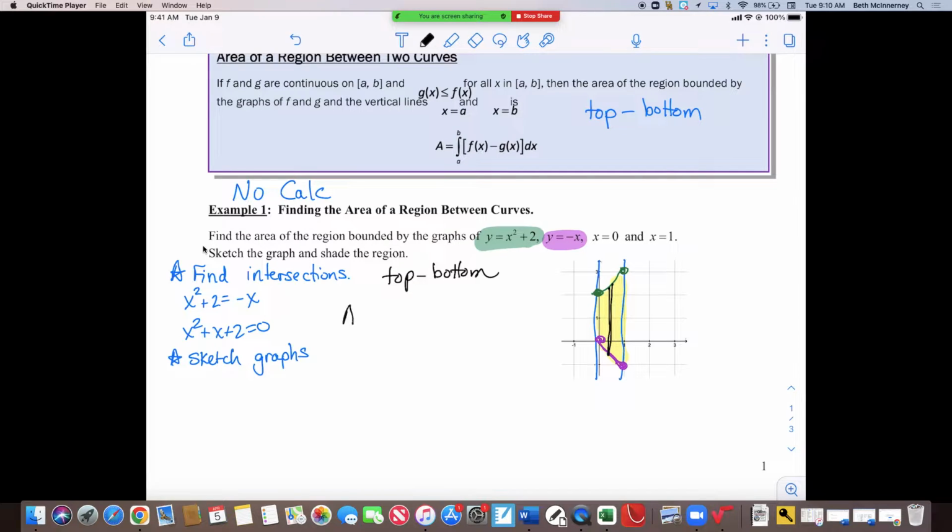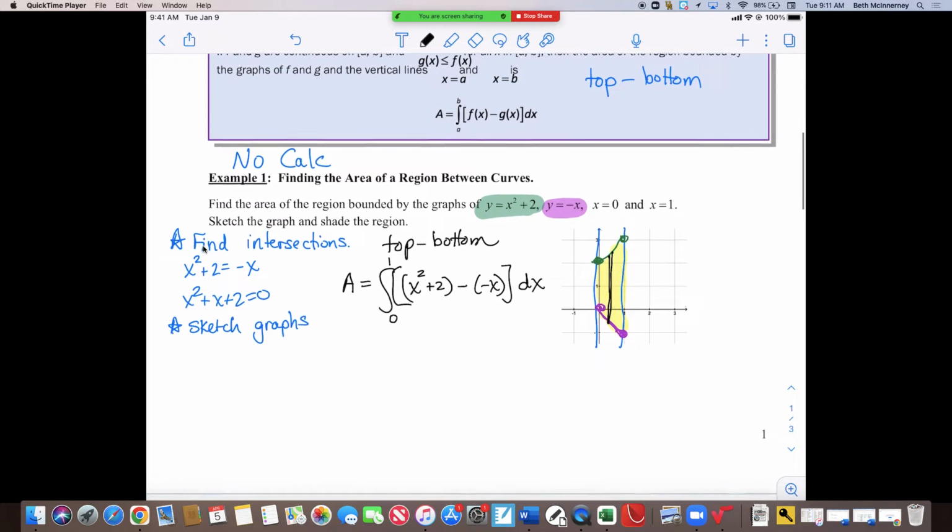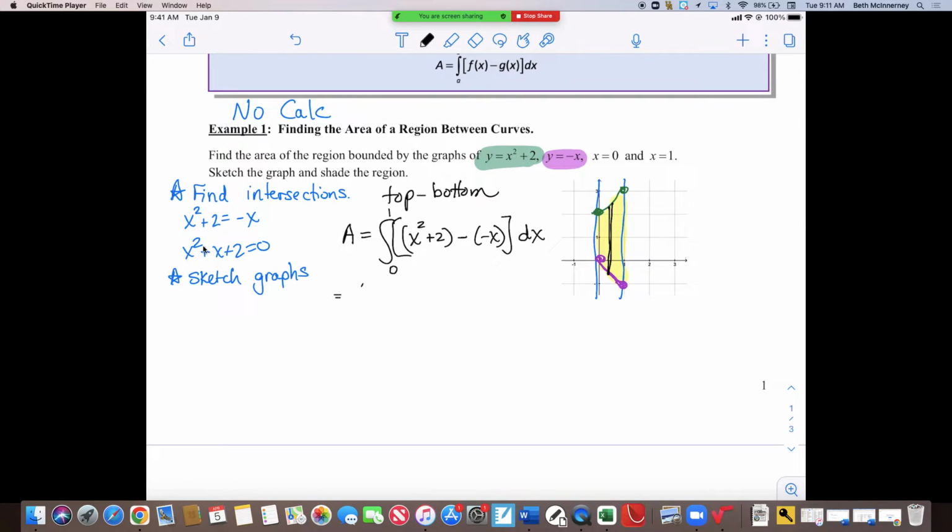So then my area is from x is 0 to x is 1. The top function is x squared plus 2 minus my bottom function, which is negative x. And then I need the dx. So this is going to be the integral from 0 to 1 of x squared plus x plus 2 dx.